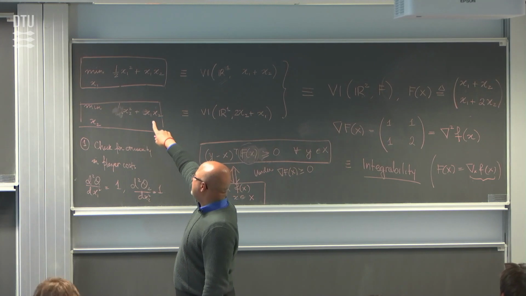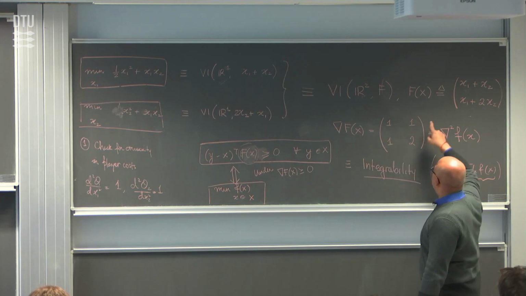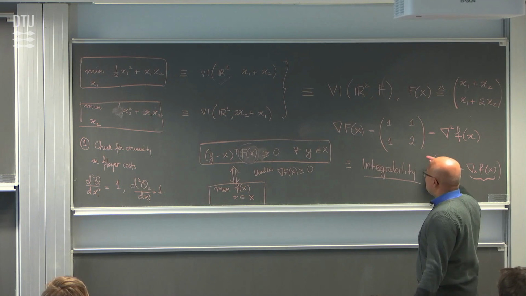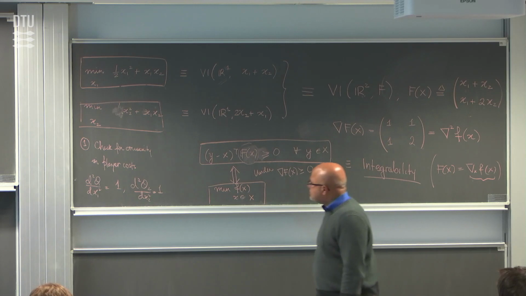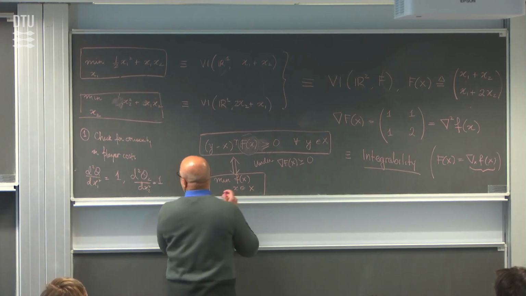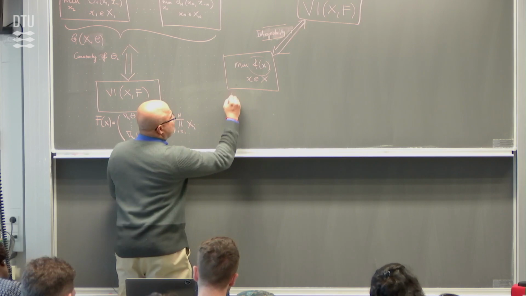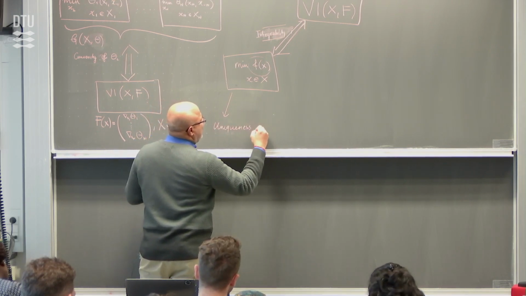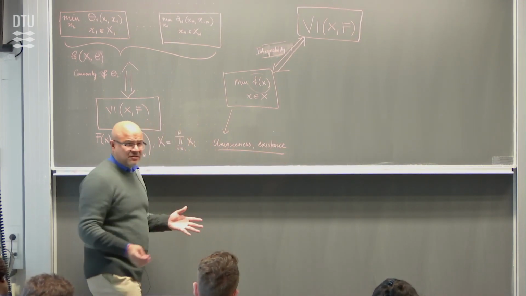You start with the objectives of the players, write it as a VI, write it as a larger VI, observe that the Jacobian is symmetric, and then say that if it's symmetric, it's integrable. Now, why is this useful? This is useful because under integrability, I can do lots of things. I can talk about uniqueness, existence, and so on, a bunch of things.